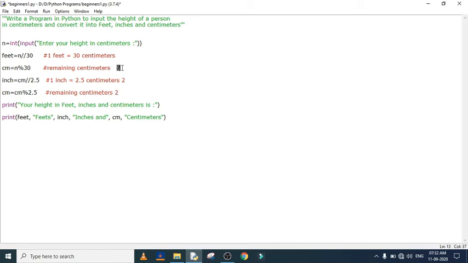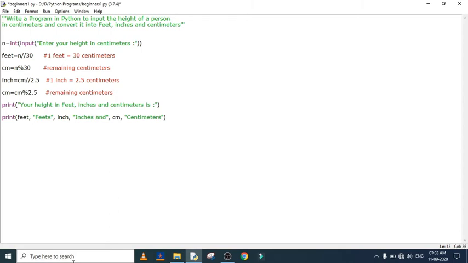What I am going to do now is print. The statement given is: your height in feet, inches and centimeter is, then feet, inch as inches, cm as centimeters.